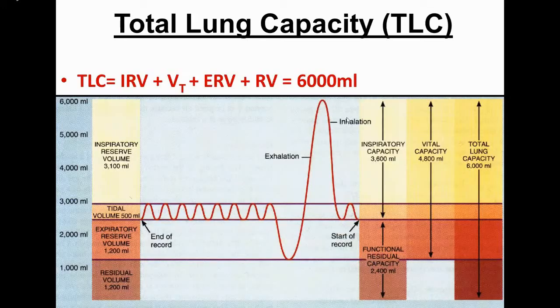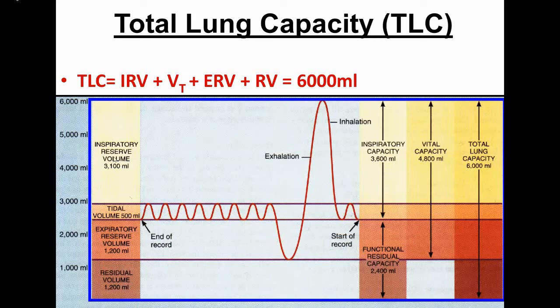So students, these are the inspiratory reserve volume, tidal volume, expiratory reserve volume, and the residual volume. If we add all these four together, we get the total lung capacity. You know that these parameters have their volumes, which we have taught you.